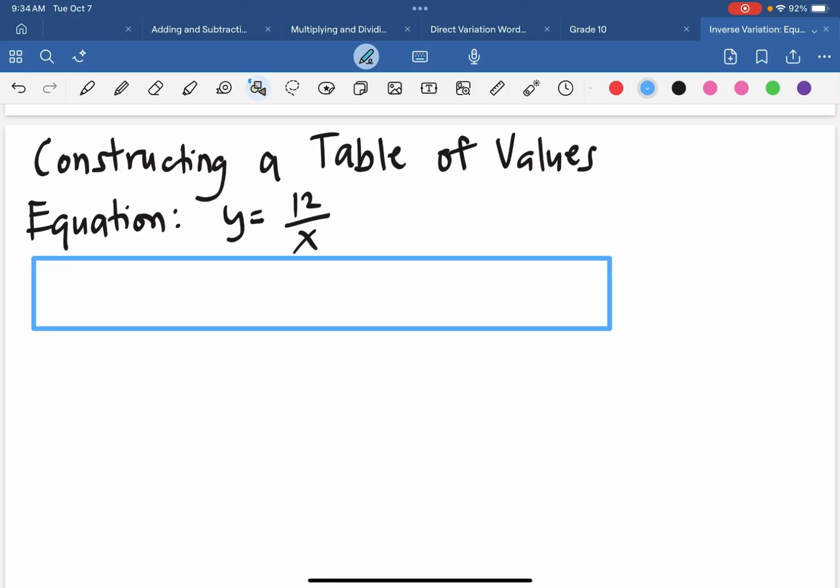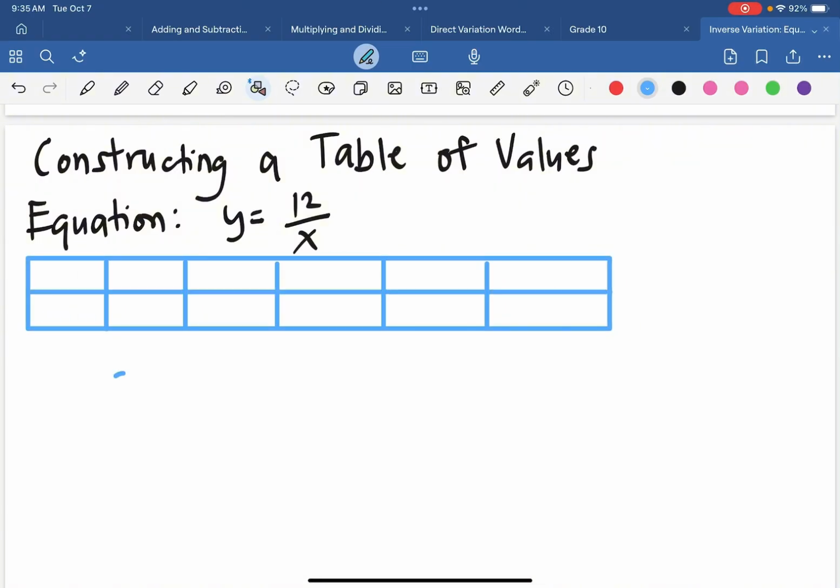How many numbers? Let's try 5: 1, 2, 3, 4, 5. Okay, so let's have this as our x and as our y.